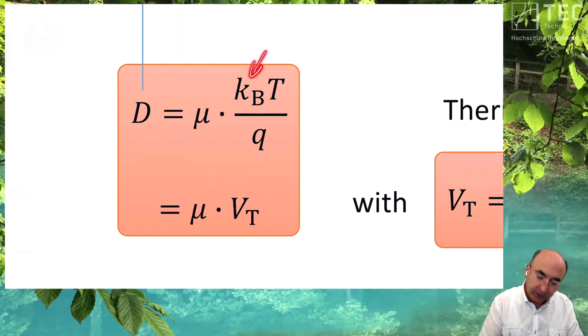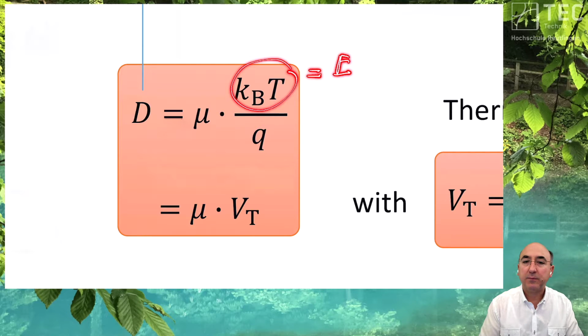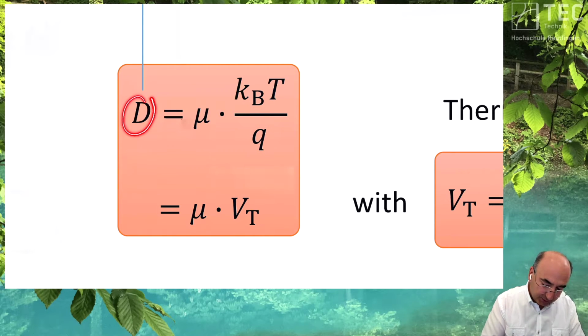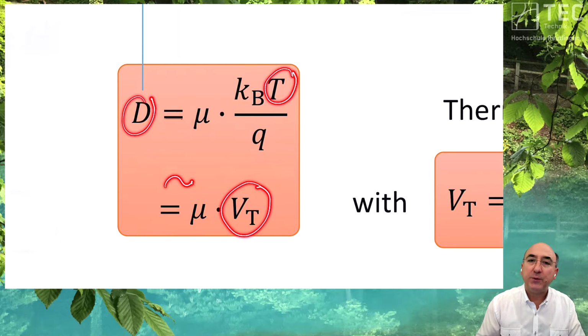It has the Boltzmann constant, which gives, together with the temperature, the result of energy. And if you divide energy by the elementary charge, you get a voltage. So this means the diffusion constant is proportional to the temperature voltage.